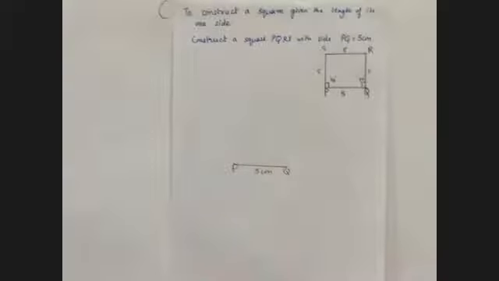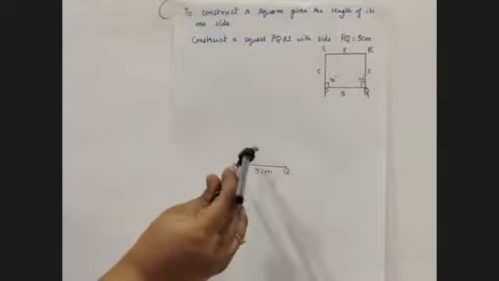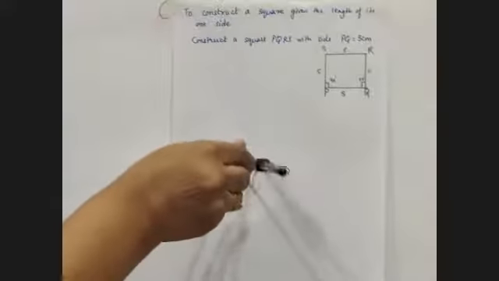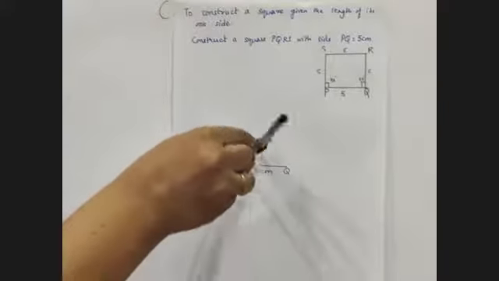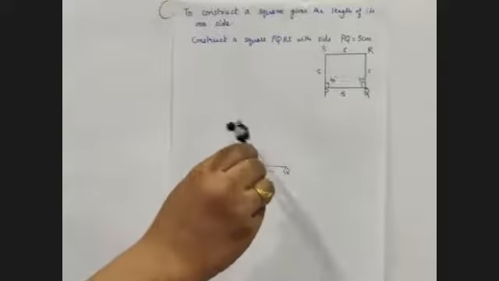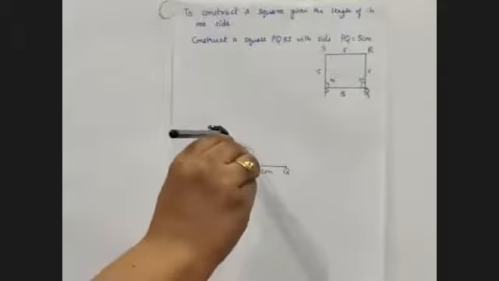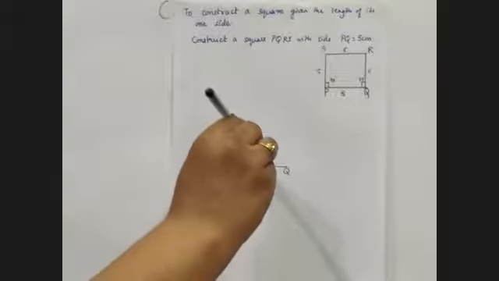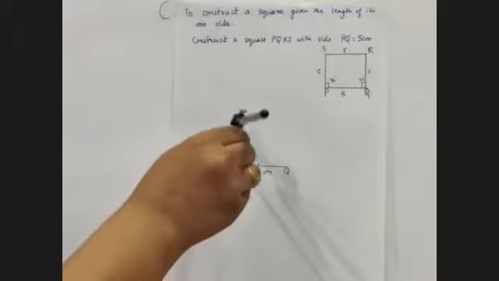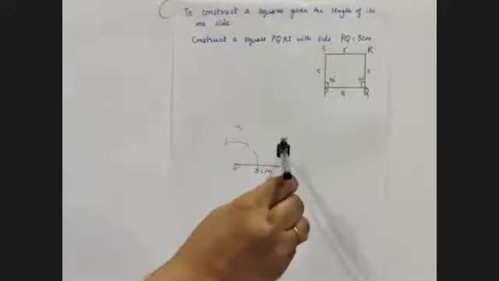Now to construct 90 degrees is very easy. What we have to do, take any radius, keep the arc over here. This will be 60. Keep the arc, this will be 120, and in between it will be 90 degrees. The same on the other side we have to do.